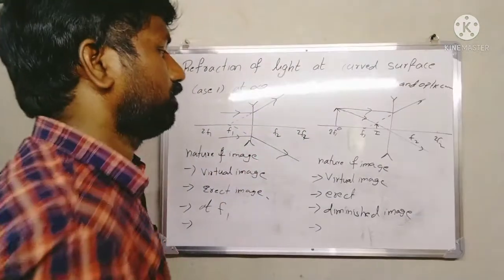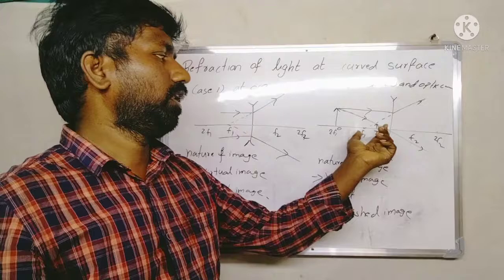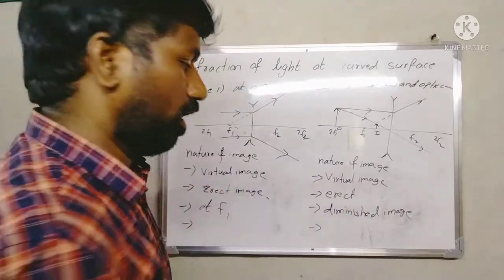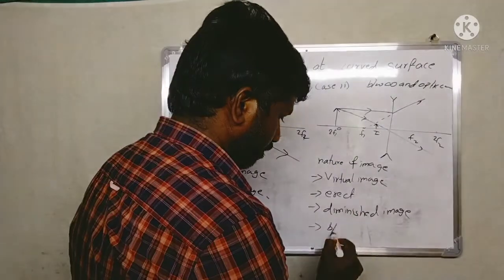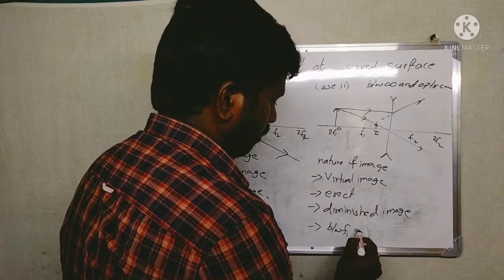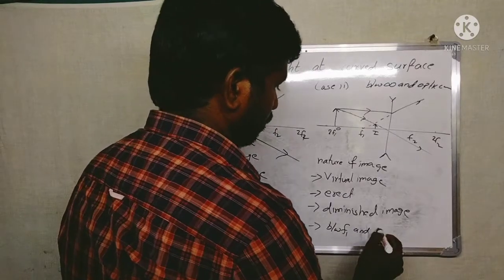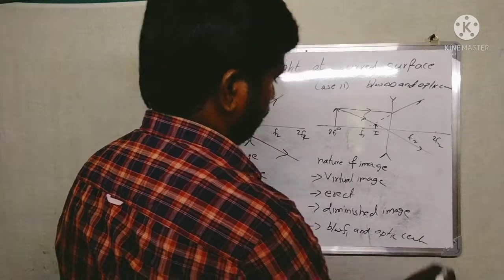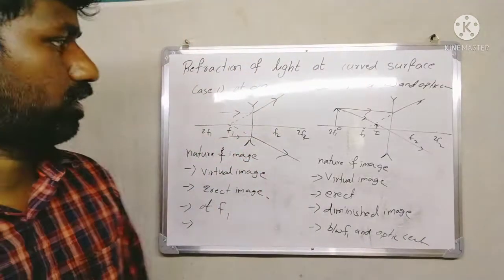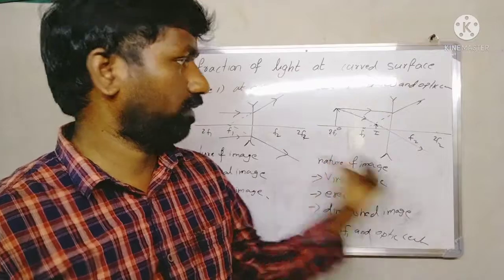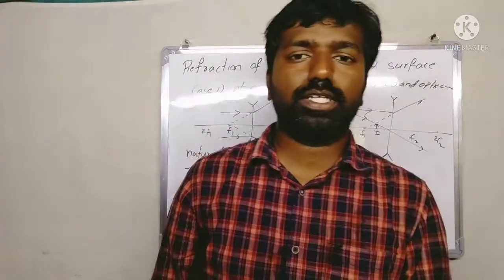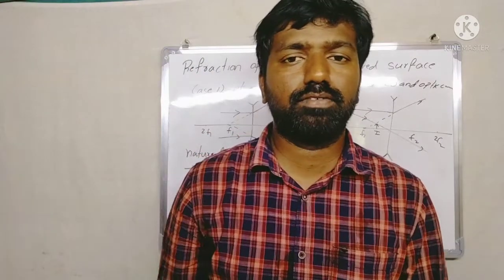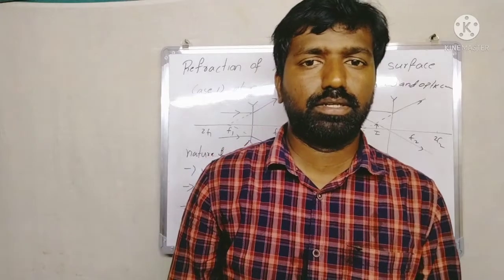Position of the image: the image position always lies between the focus and optic center, between F1 and optic center. So these are the cases that we have for concave lens. There are 2 cases for concave lens, but 6 cases are there for convex lens. Okay, thank you.